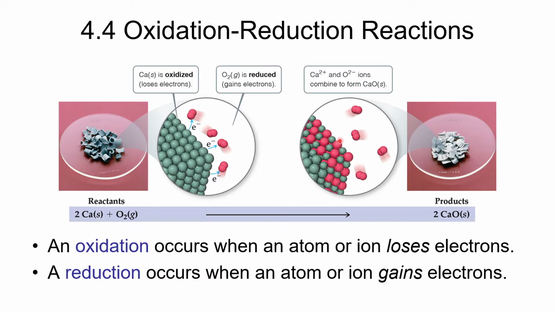Of course, the calcium and the oxide would end up forming an ionic compound, and so we get this whitish colored, chalky looking compound, and that is calcium oxide. So that's an example of a redox reaction, or oxidation-reduction reaction.